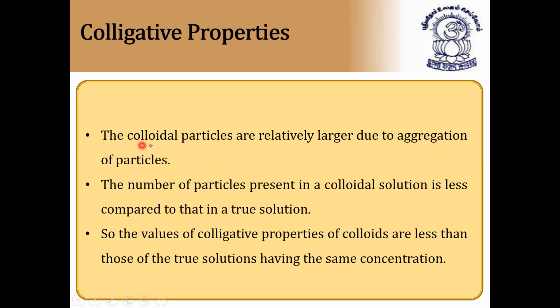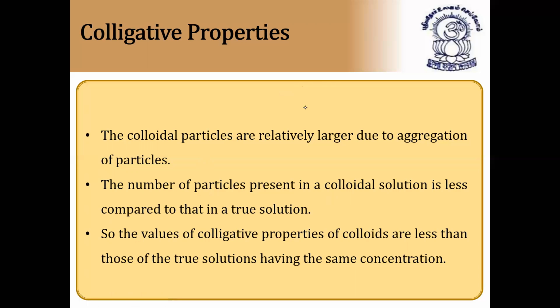So the number of particles present in a colloidal solution is less compared to that in a true solution. So the values of colligative properties of colloids are less than those of true solutions having the same concentration.